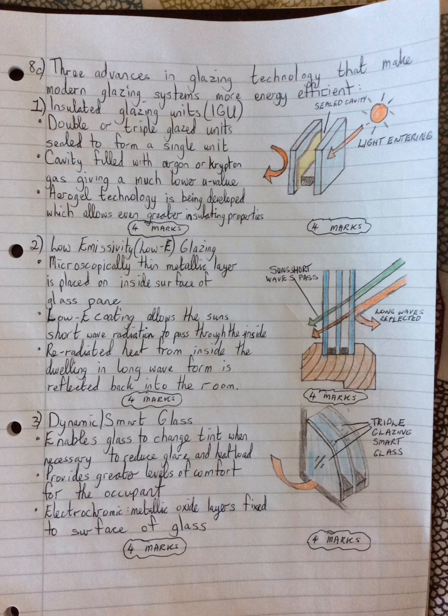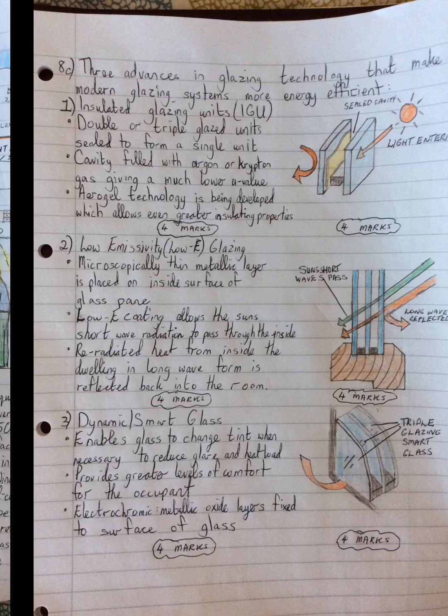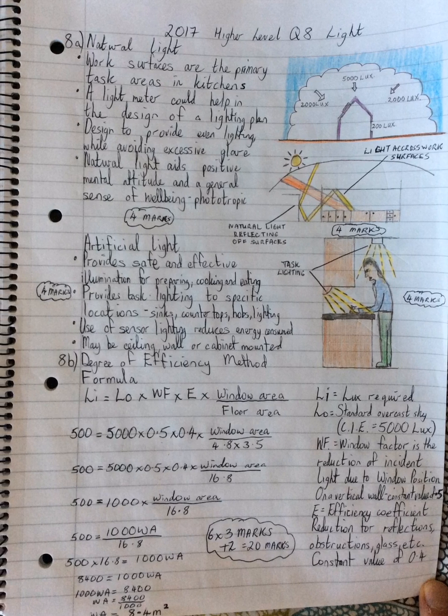You're getting 4 marks for your notes on your first one and 4 marks for your sketches, and the same on your second and third. So that's a total of 24 marks for part C. So it's 24 marks for part C, 20 marks for part B, and 16 marks for part A.